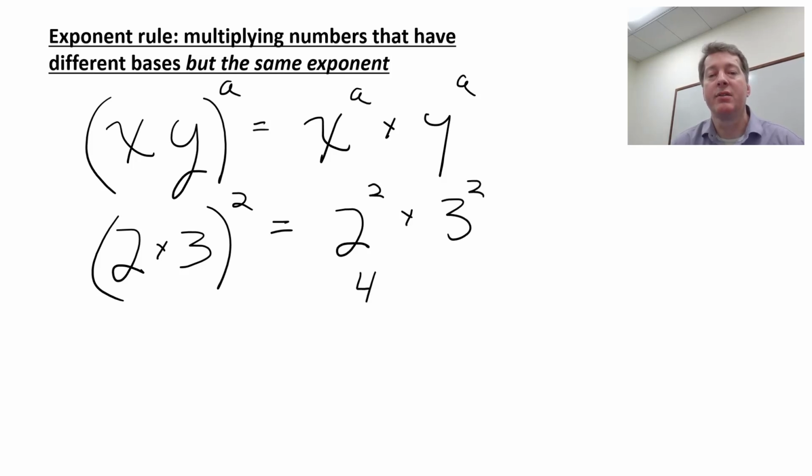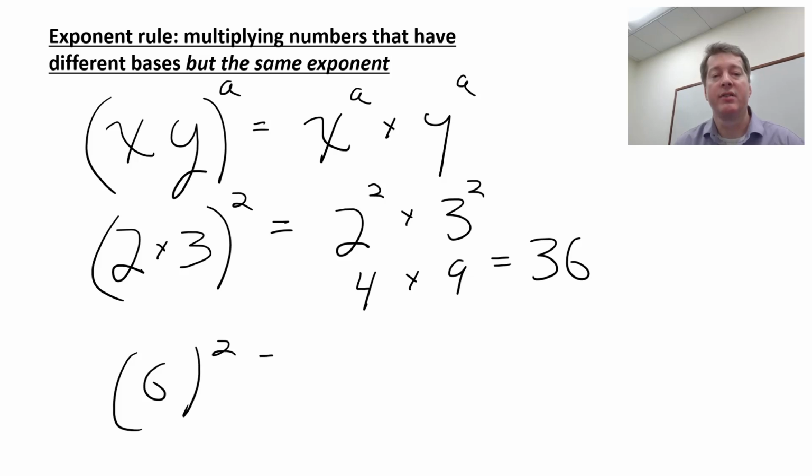That is the same thing as 4 times 9, that is 36. And one thing I'll point out, 2 times 3 is 6, so 6 squared, and 6 squared is equal to 36. So that all matches up.